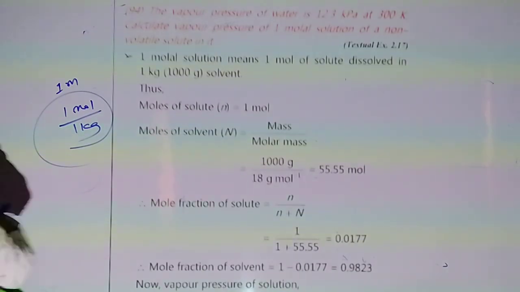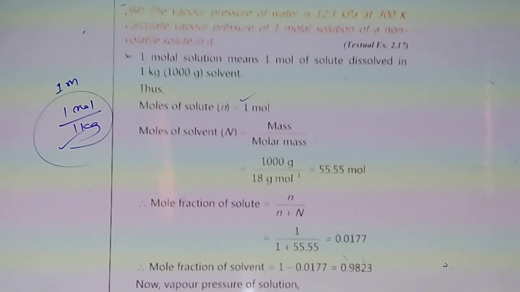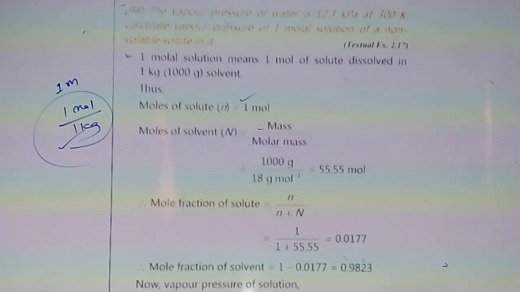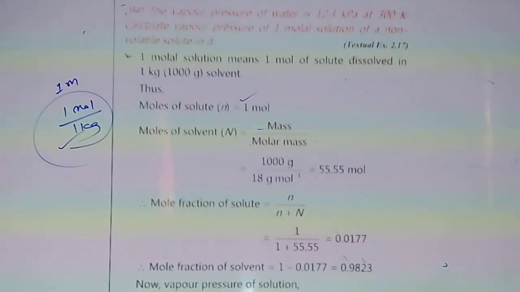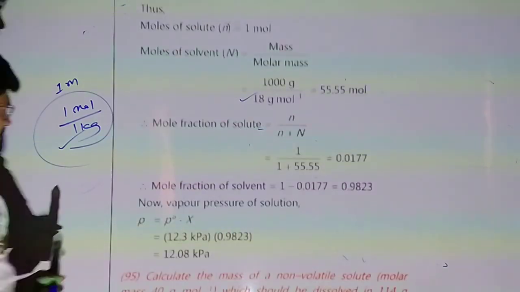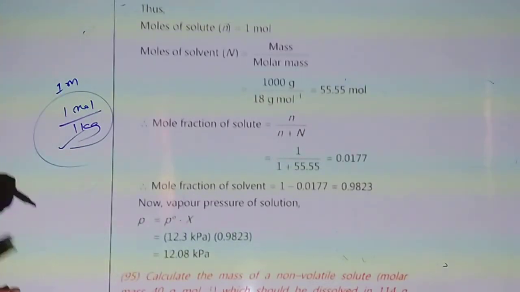Thus, mole of solute is 1. Mass of solvent 1 kilogram. Moles of solvent, mass upon molar mass: 1 kilogram is 1000 gram, divided by 18, 55.55. So mole fraction of solute, mole of solute upon total mole, 1 upon 1 plus 55.55, is 0.0177.